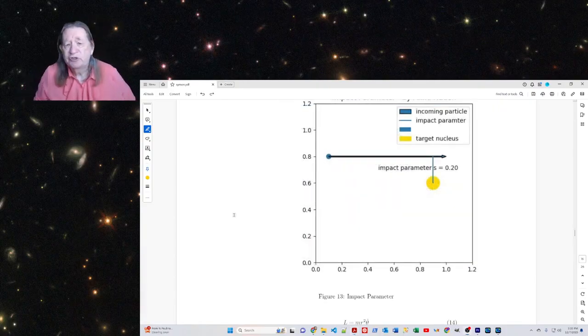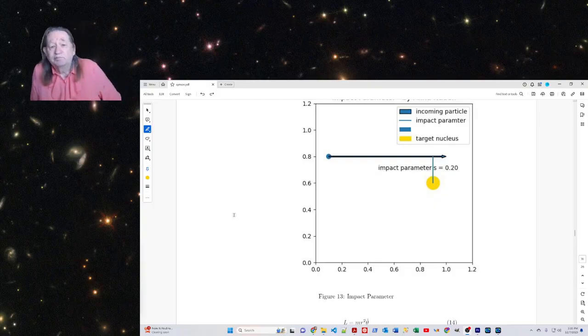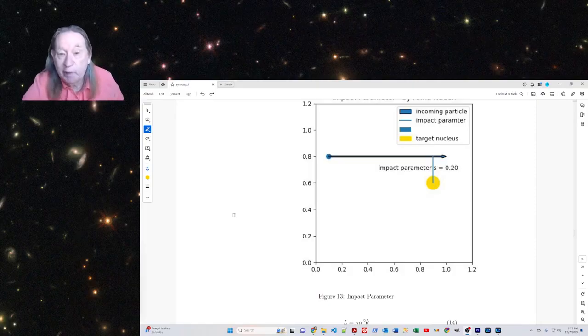If you look at the geometry, when the alpha particle is far out at the beginning of the experiment, the cross product only involves the velocity of the alpha particle and the distance, the vector that I've shown in blue here, the impact parameter.